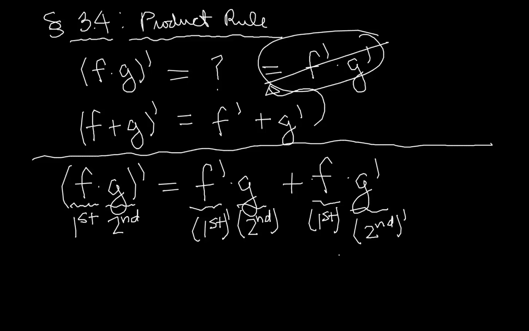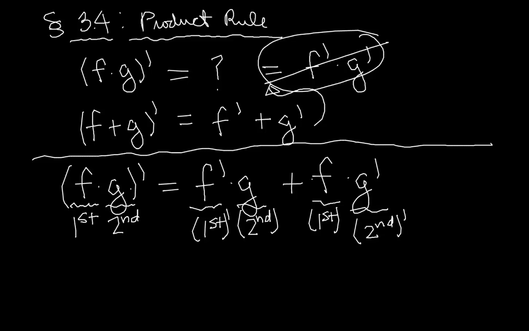Alright? So it's always derivative of the first, do nothing with the second, plus first times derivative of the second. And that's what the product rule is. So now we're just going to do a bunch of examples seeing how this rule applies.